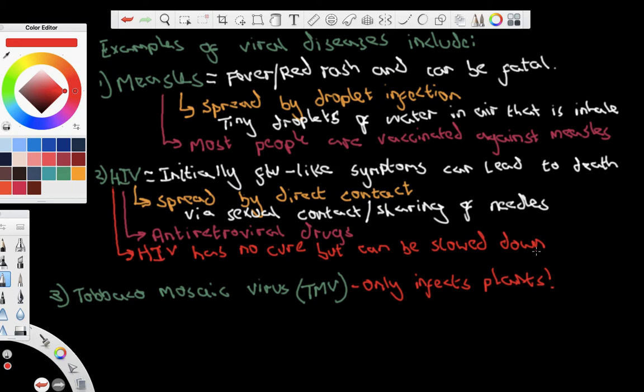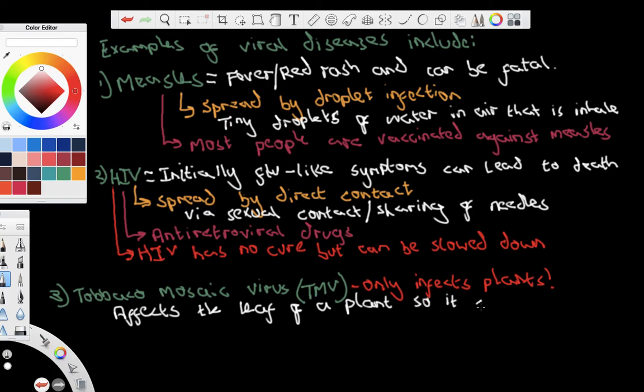What it does is it affects the leaf of the plant, reducing photosynthesis. So we can say underneath here, affects the leaf of a plant, so it cannot do photosynthesis.